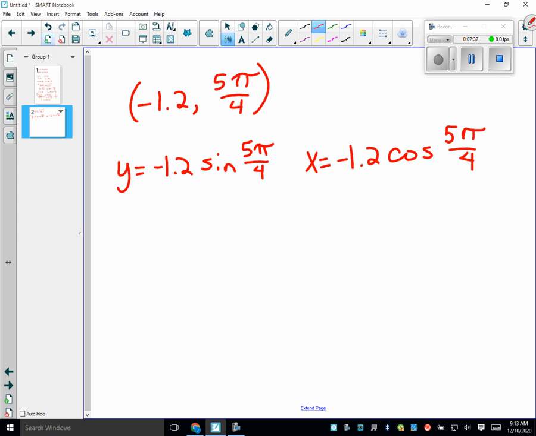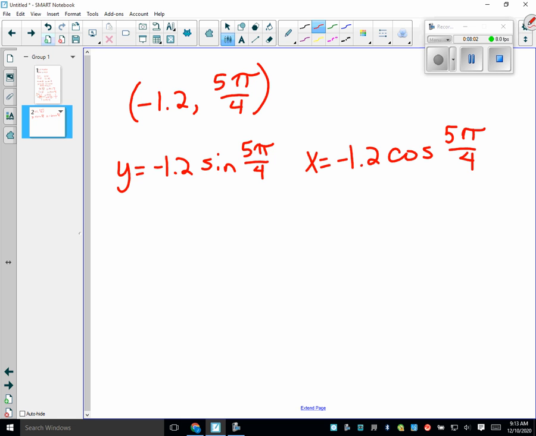Now, the question is the sign of it, positive or negative? Isn't it in quadrant 3? All students take, so it's negative.